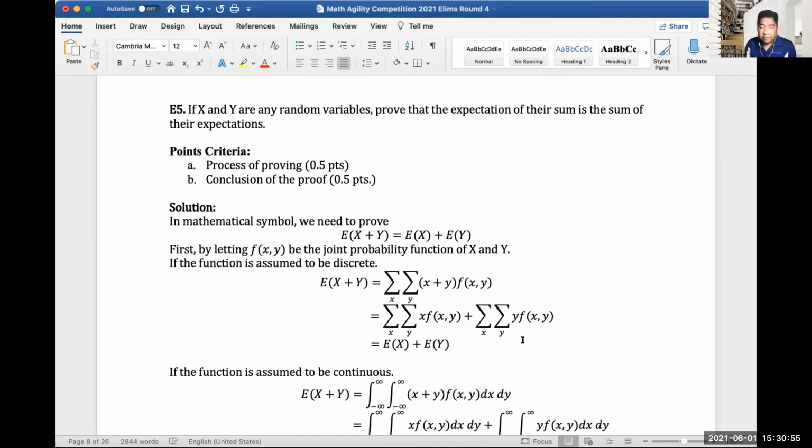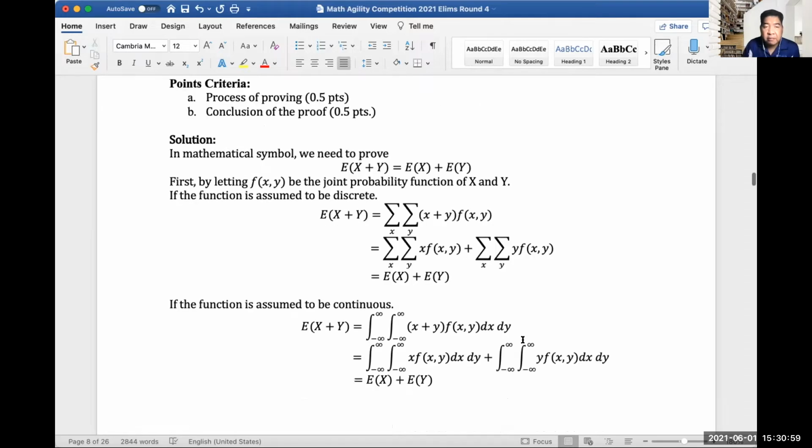So in mathematical symbols, we need to prove the expectation of the random variable x plus y is equal to the sum of the expectations, which is expectation of x plus expectation of y.